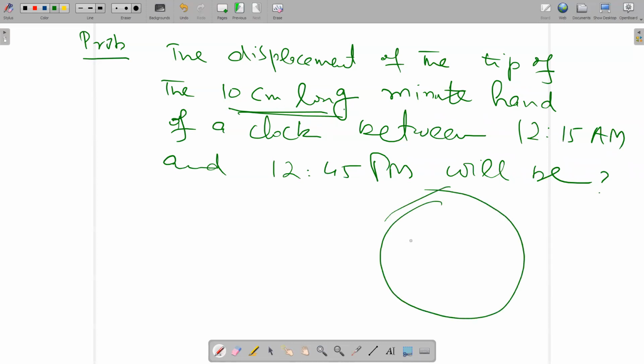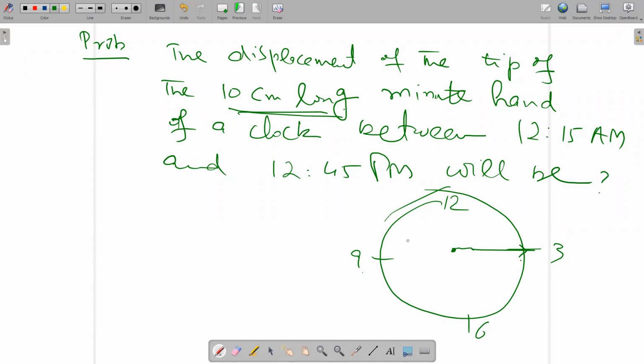This is the clock. Here is 12, here is 3, here is 6, and here is 9. You know this, okay? So 12:15 means the needle will be here, 10 centimeter needle from this position. This is 12:15.